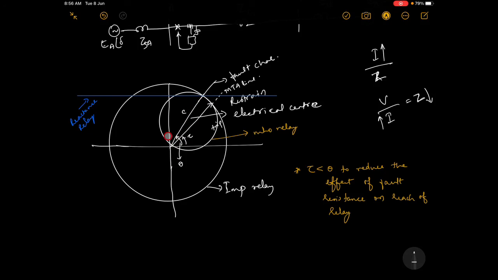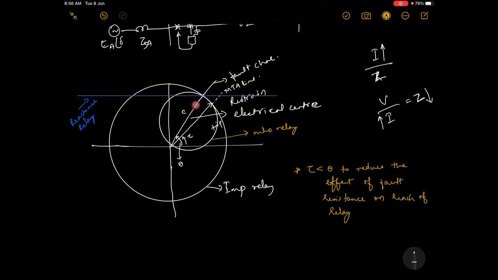Now, why do we take tau less than theta, almost near to theta but not equal? It is to reduce the effect of fault resistance. See what happens here.